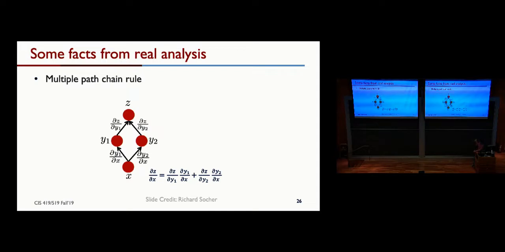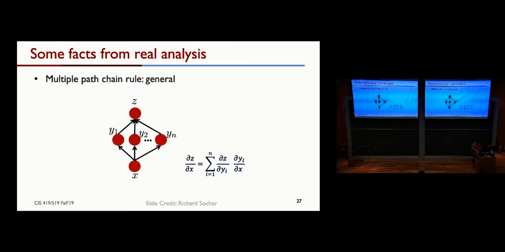In that case, the gradients for individual paths add up. So these parallel paths lead to addition of gradients, and we know how to compute the gradients of individual paths. Those are just the multiplications of gradients on the path. So similarly, you can have that for when there are multiple paths to reach z.